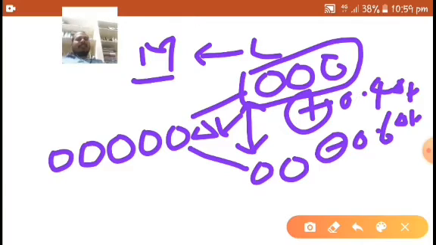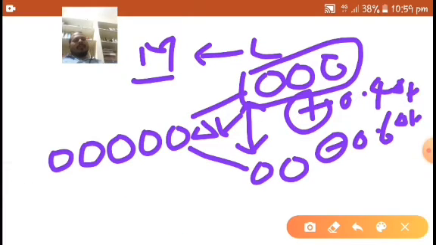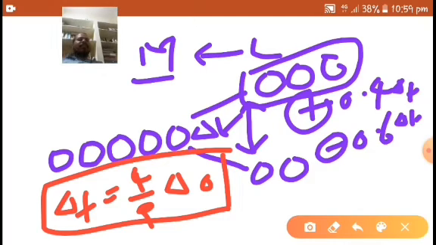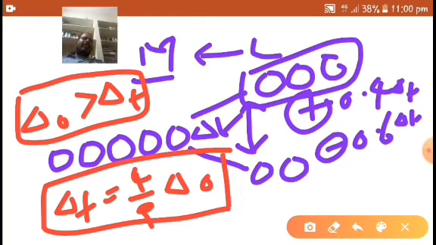So the relationship between octahedral splitting energy and tetrahedral splitting energy is delta T is equal to 4/9 delta O. From this formula it is obvious that delta O is greater than delta T, meaning the crystal field splitting energy of octahedral complexes is higher than that of tetrahedral complexes.